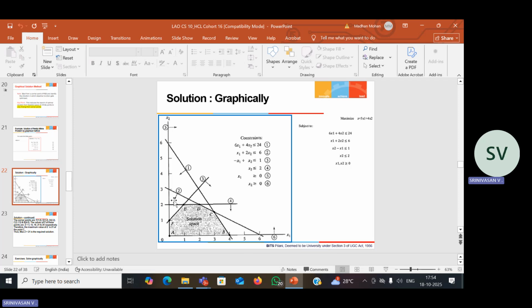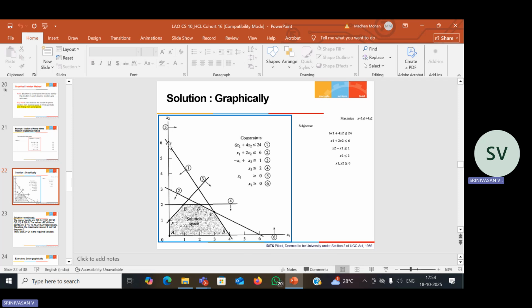For example, see 6x1 + 4x2. Immediately, what will happen? Put x1 equal to 4, x2 equal to 0. Isn't it? 24 plus 0, 24. So x1 is 4. What is x2? 0. So the point is 4, 0. Okay. Next, you can think of x1 equal to 0, x2 equal to 6. So 0, 6.